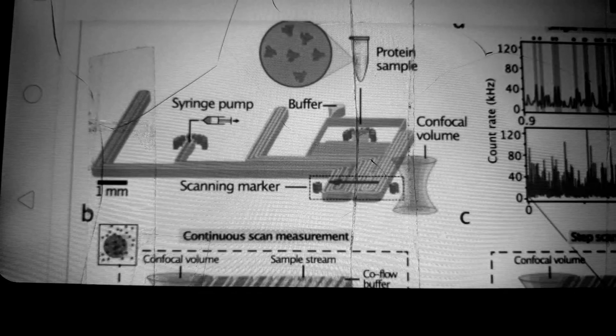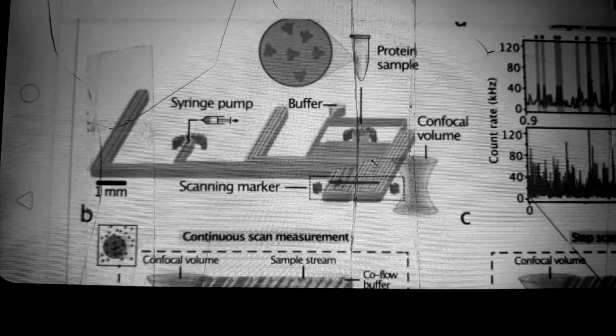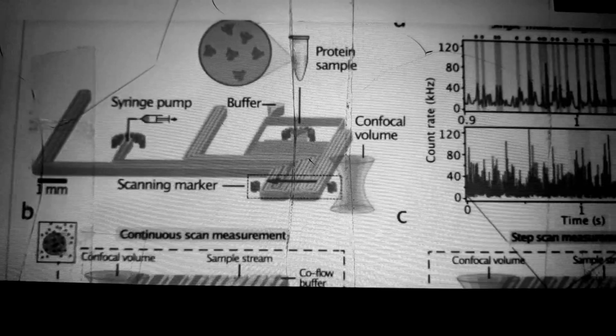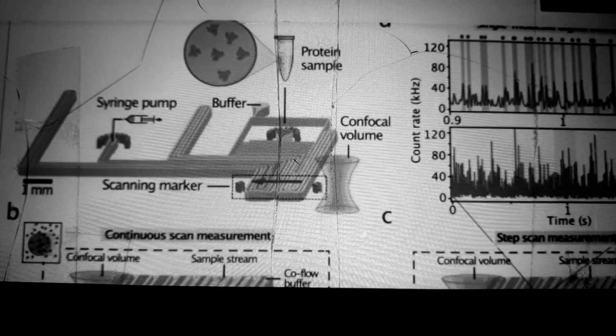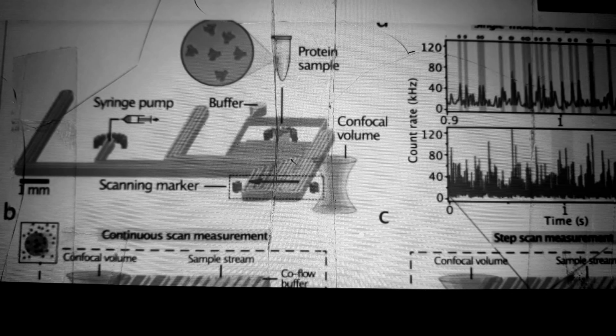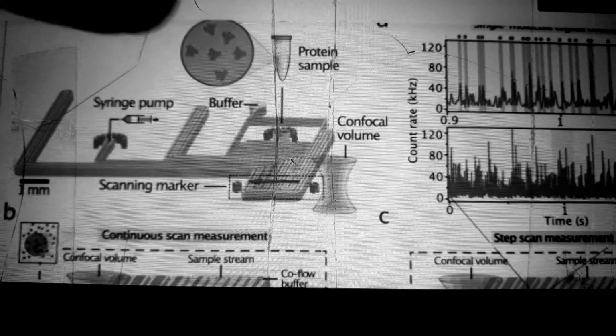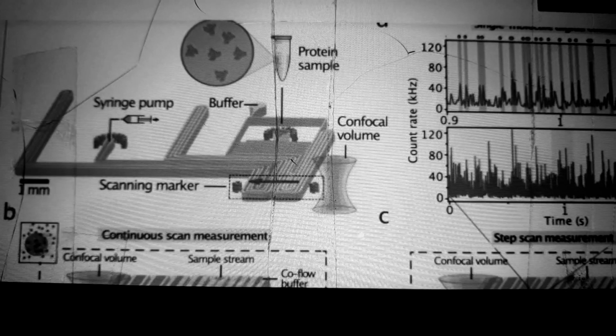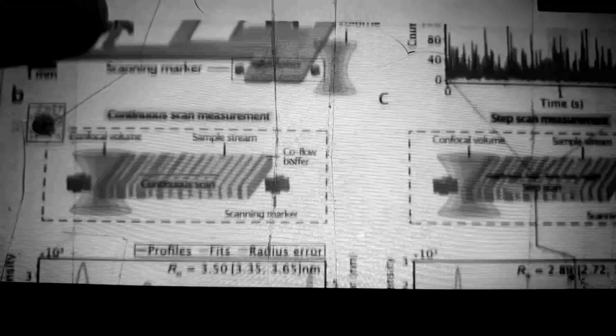Now the figure shows the working principle and experimental implementation of SMMDs. This is the protein sample, the confocal volume, the buffer and syringe, and the scanning marker. That's the graph there.